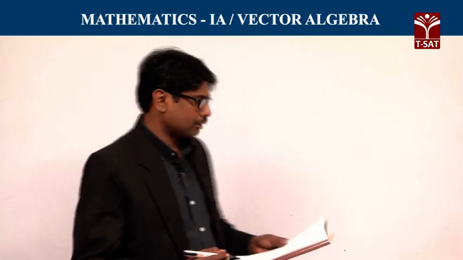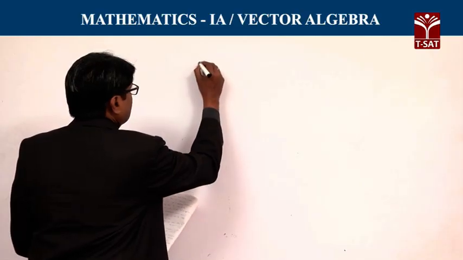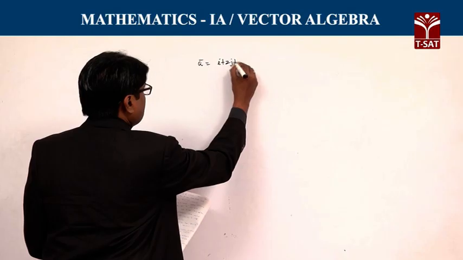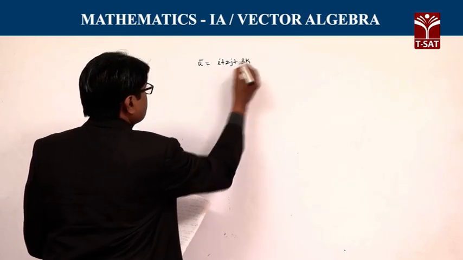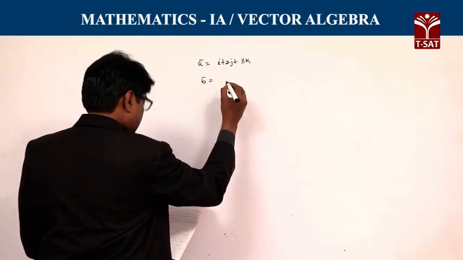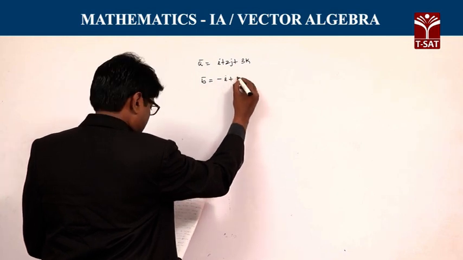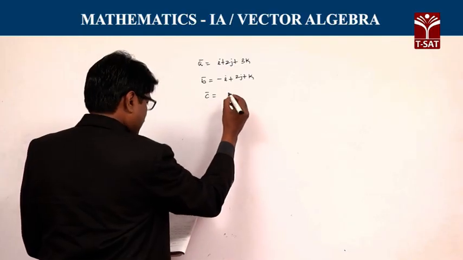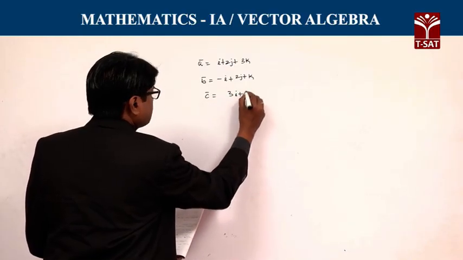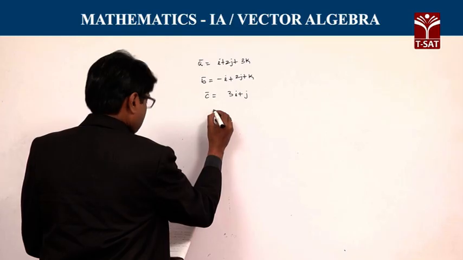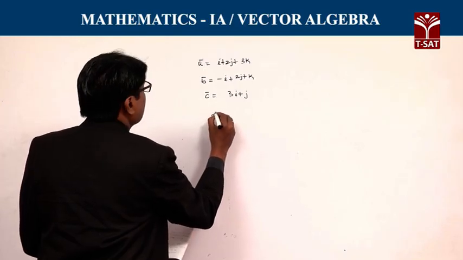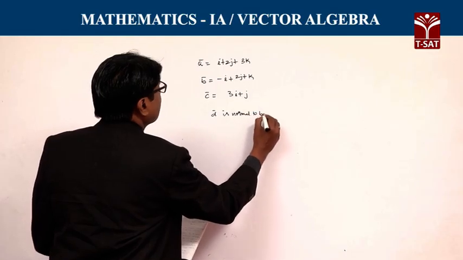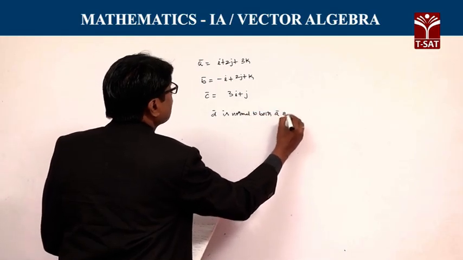A vector A bar is equal to i bar plus 2j bar plus 3k bar, and another vector B bar is equal to minus i bar plus 2j bar plus k bar. C bar is equal to 3i bar plus j bar, and D bar is normal to both A bar and B bar.